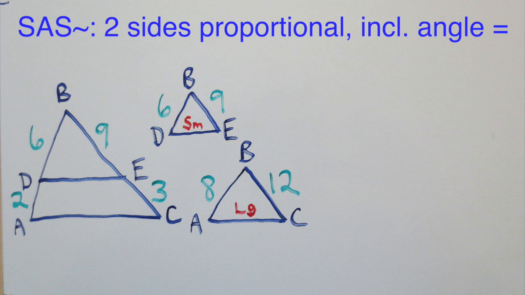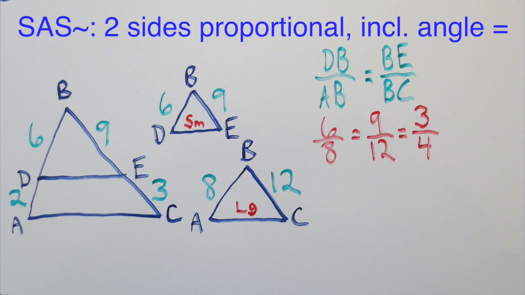And now let's go about proving that we have two sides proportional. So DB on the small triangle matches up with AB on the large triangle, and that's equal to BE over BC. To prove it, we'll add in our numbers. 6 over 8 equals 9 over 12, which reduces to 3/4. Now, we need to prove that the included angle is equal.